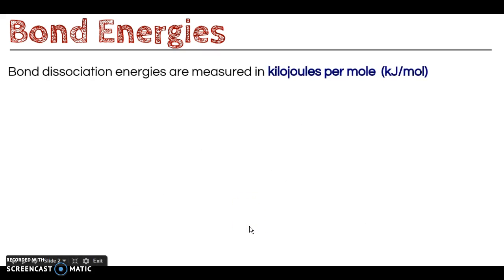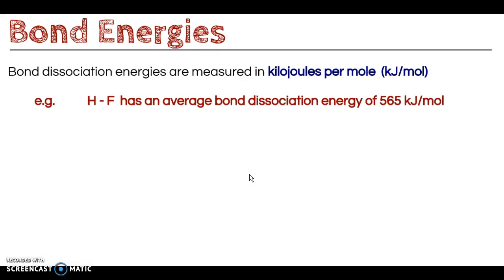So, as with any form of energy, be it thermal, gravitational potential, etc., we're going to be looking at units of joules, or versions of that. So the kilojoule per mole is the unit that is used for bond dissociation energy. So it's indicated for a specific chemical quantity: kilojoules per mole, meaning the amount of energy per mole of that substance.